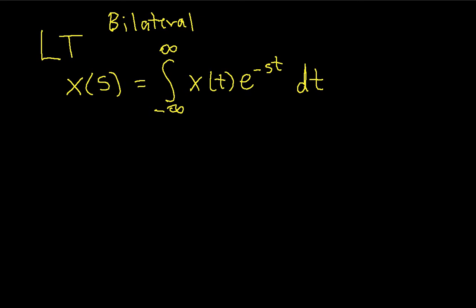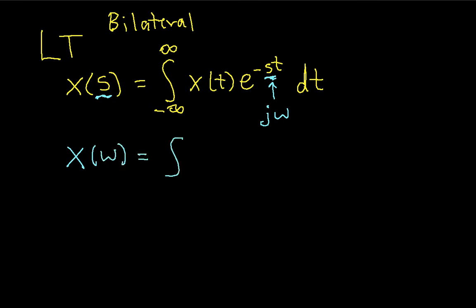And you'll notice that if I replace the s right here and here, actually we're replacing it here, by j omega, then I essentially have the same expression that I had before on the previous screen.